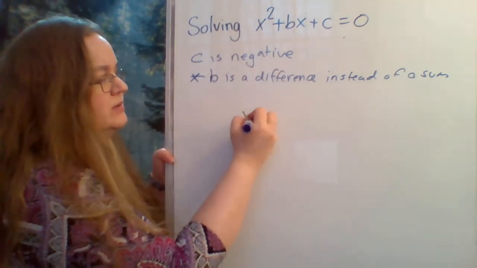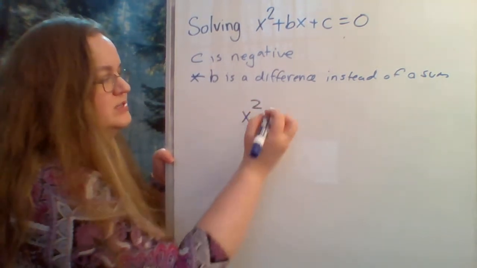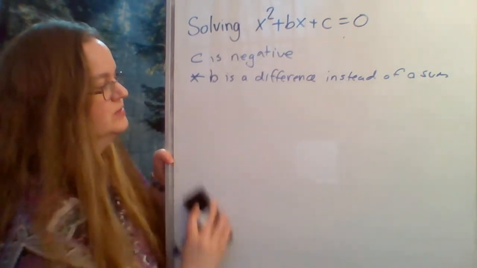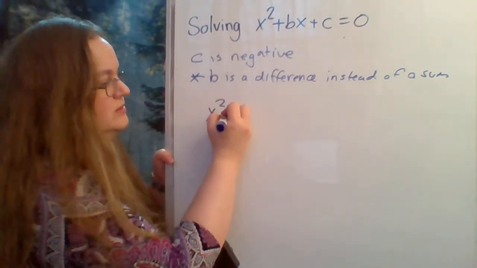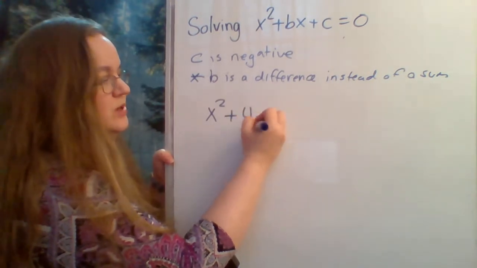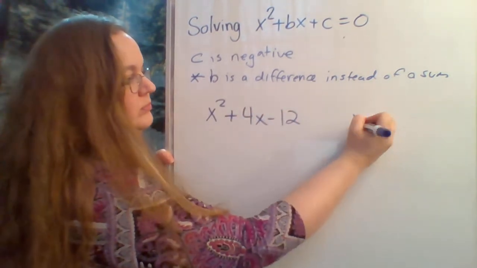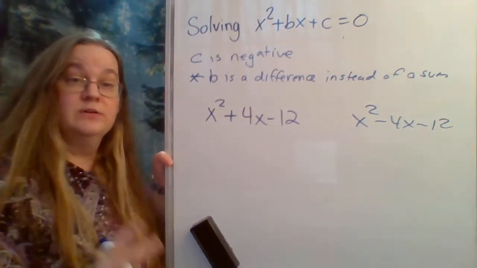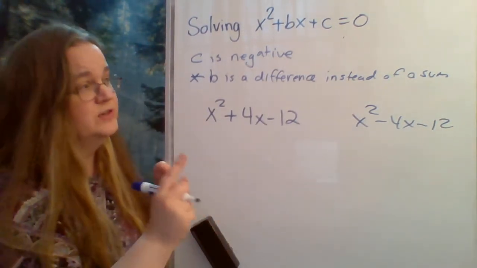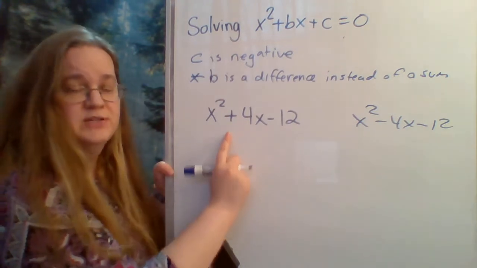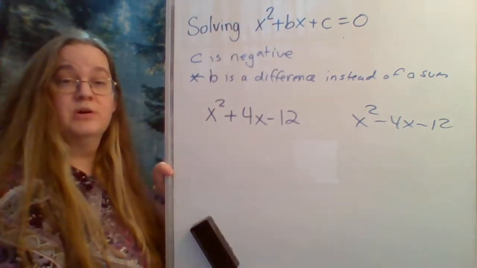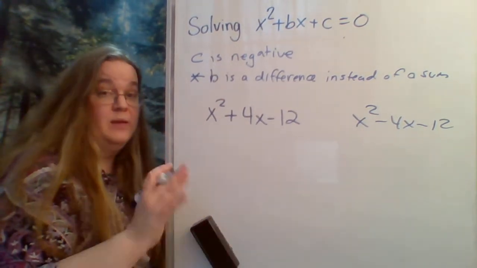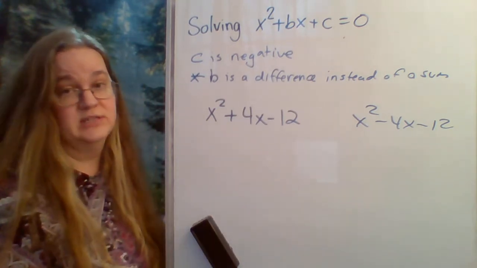Okay. So x squared plus, and in fact, let me move this over because I want to do the difference between these two problems. If you look at these two problems, the difference is B is positive here and B is negative here. So I want to look at what is happening in each of those cases so you can see the difference.